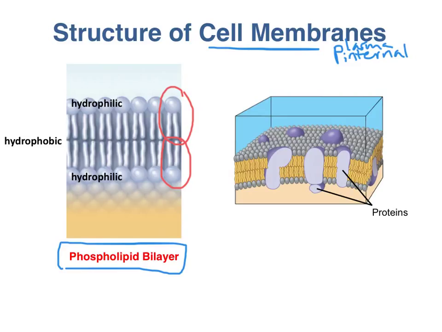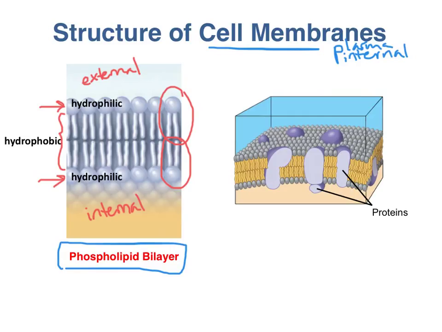So you have this hydrophobic center where the tails are, and you have a hydrophilic layer where the heads are, both on the outside of the cell facing into the external environment, and on the inside of the cell facing into the internal environment of the cell.